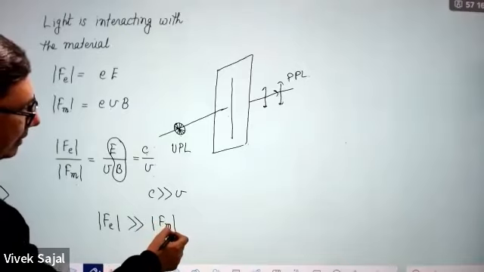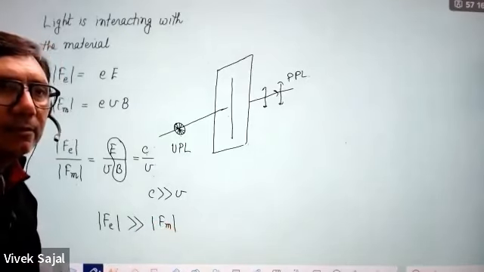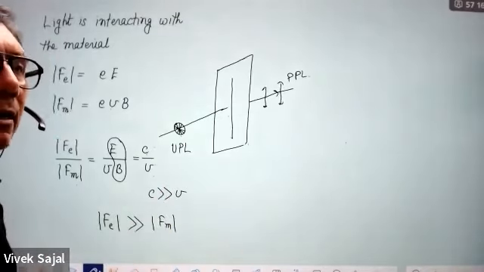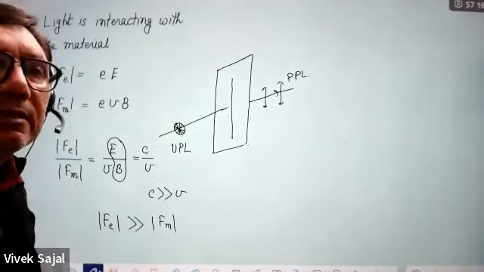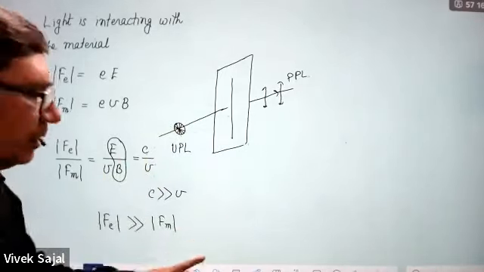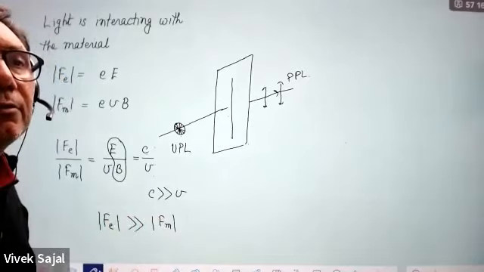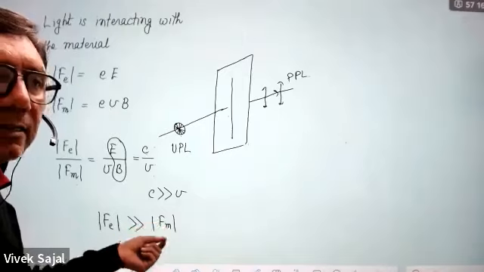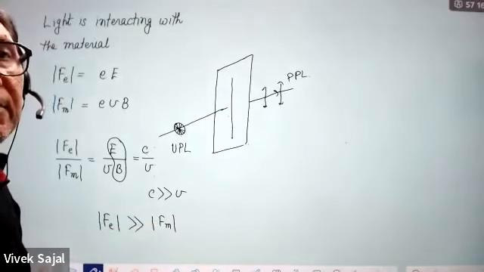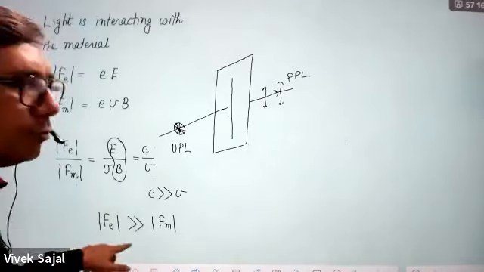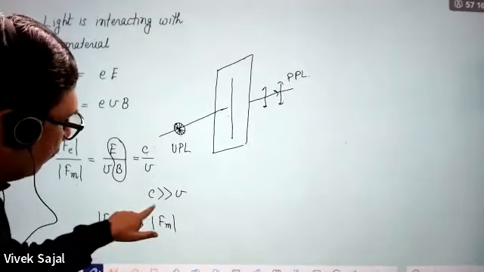When light is interacting with the material, a pressure, a force, is exerted by this electric field on the material, and that will be much, much greater as compared to this magnetic force. This magnetic force is negligible as compared to the electric force Fe. So this part is going to dominate, and this will be negligible.